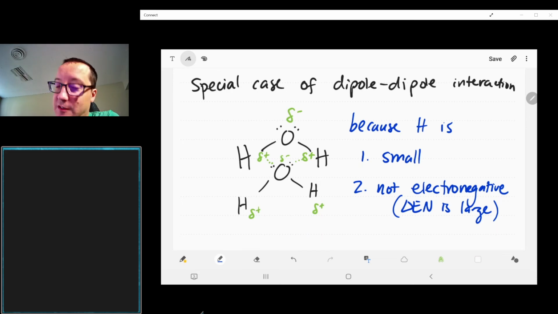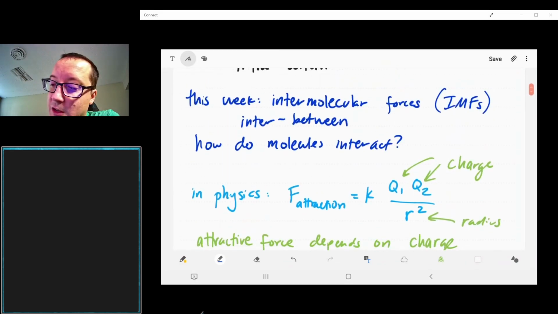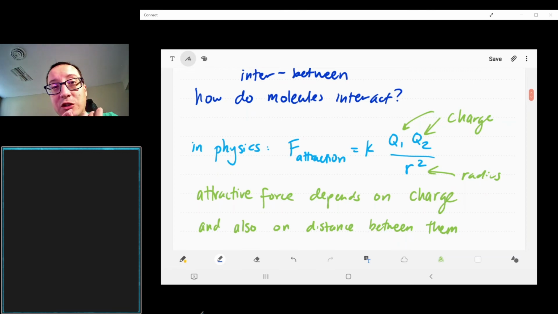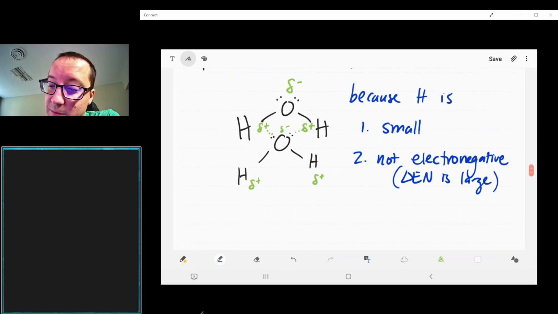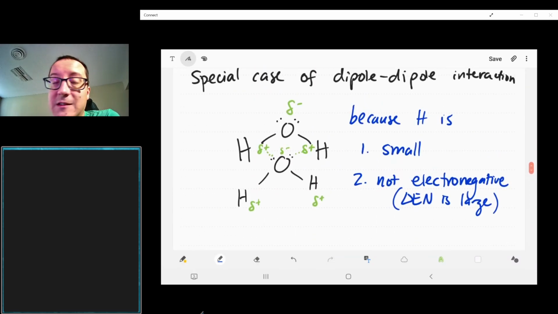And because it's so small, another water molecule can get really close to a different water molecule. The hydrogens being so small allows those waters to get really close together. And if we take a look at our equation before, we saw that the bigger the charges and the closer you can get them, that's what's going to maximize your attractive force here. So because hydrogen is small and because it's not electronegative, we can get pretty big partial charges on the hydrogen.